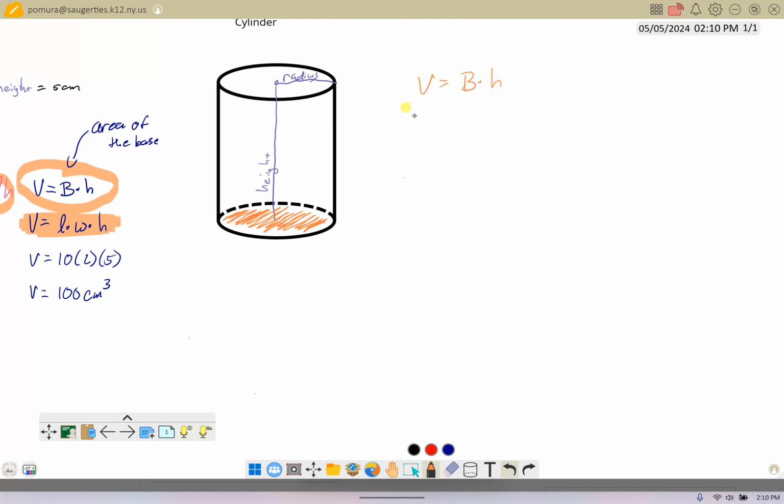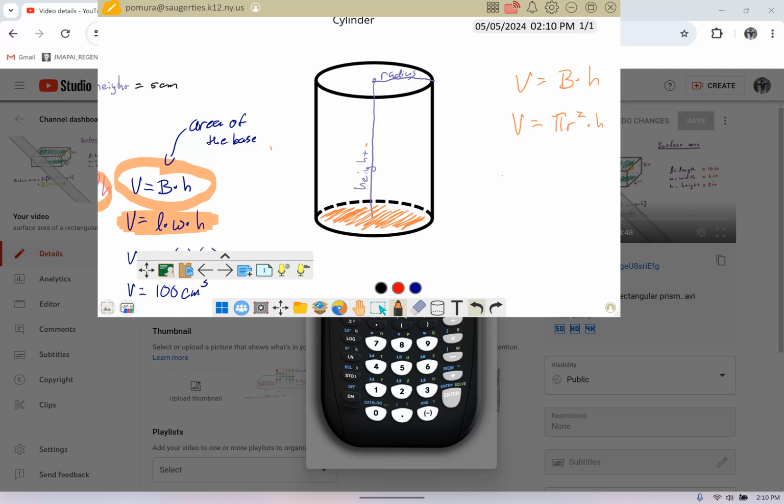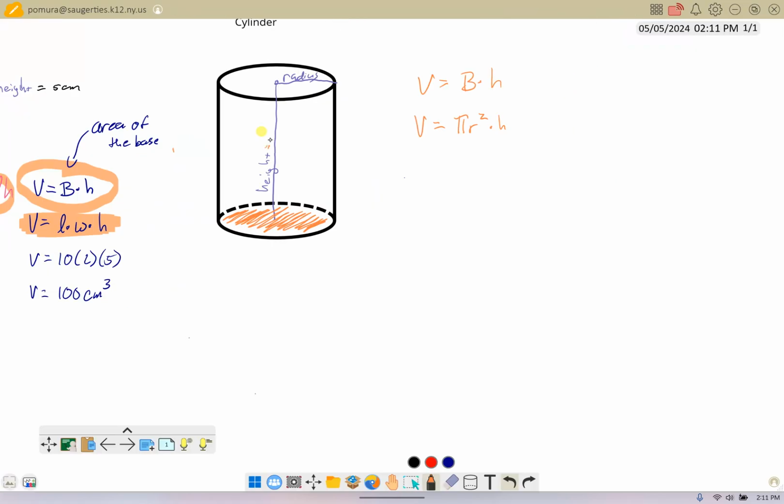Well, the base here is a circle, which is the area of a circle, pi r squared, times the height. Now let's say the height in this example is 10 centimeters, and we'll say the radius is 4 centimeters. So now we just say the volume is equal to pi times 4 squared times 10.